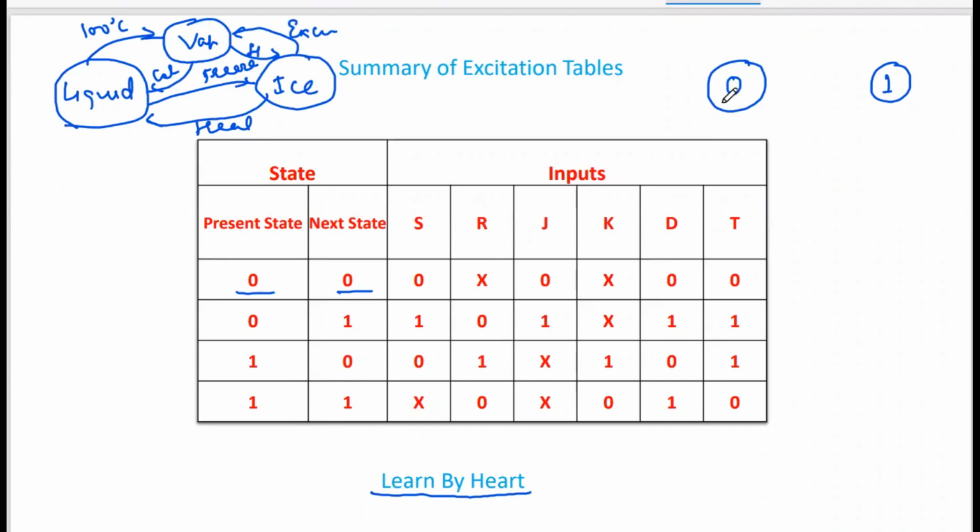Similarly, in case of digital, when you are having states, because here we are only talking about one flip flop, the output is 0 or 1, that is all.